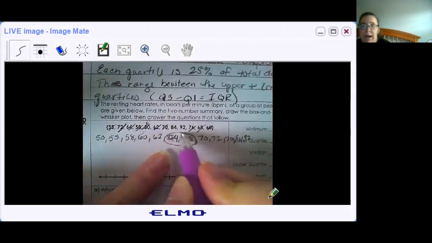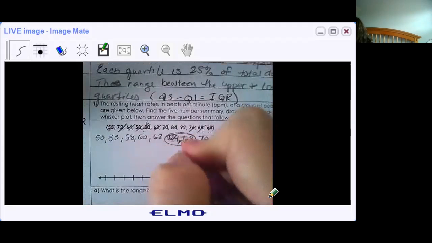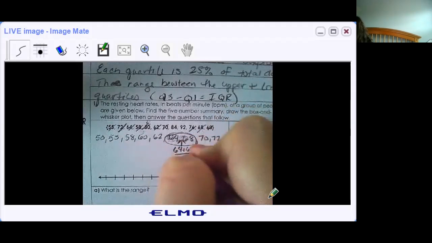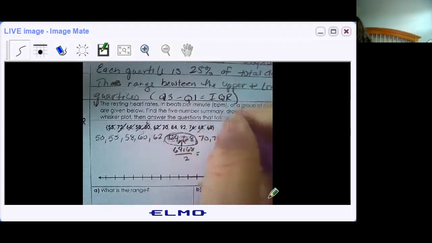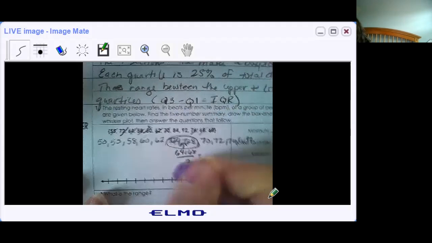Now, if we remember back to Math 6 and Math 7 when we talked about finding the median, when there are 2 numbers in the middle, we have to add those 2 numbers and then divide by 2. So I'm going to take 64 and 68, add them together, divide by 2, and so our median is 66.